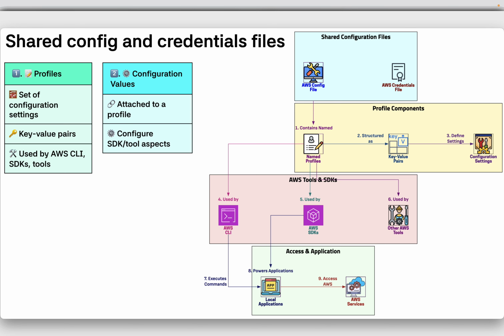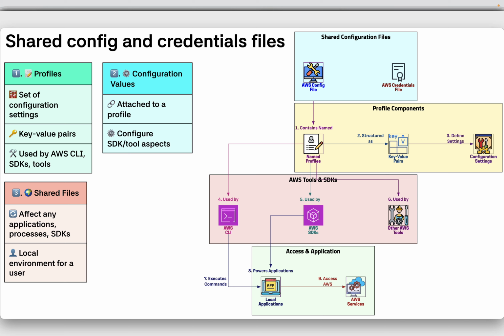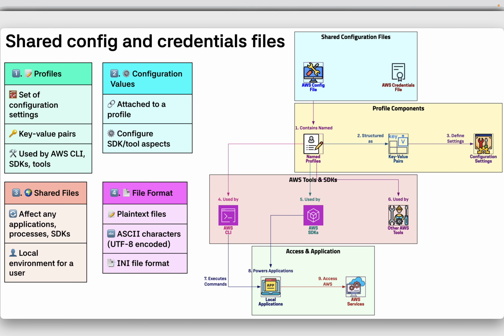Configuration values are attached to a profile to configure some aspect of the SDK or tool when that profile is used. These files are shared because the values affect any applications, processes, or SDKs on the local environment for a user. Both the shared config and credentials files are plain text files containing only ASCII characters, UTF-8 encoded, and take the form of INI file format.